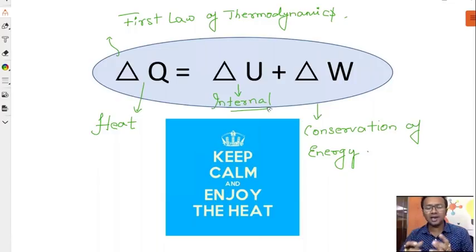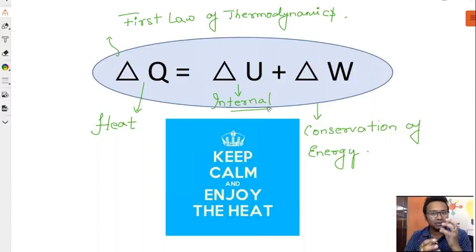So the internal energy is basically a measure of how much the kinetic energy of the molecules has increased. Because if you're talking about a gas, the potential energy is not much since the molecules are weakly bound to each other. The total internal energy of a gas is primarily its kinetic energy.